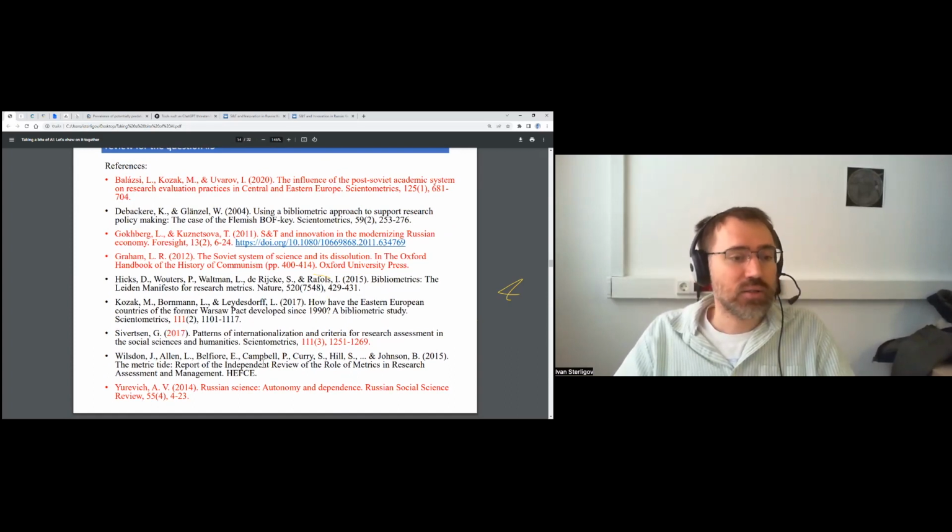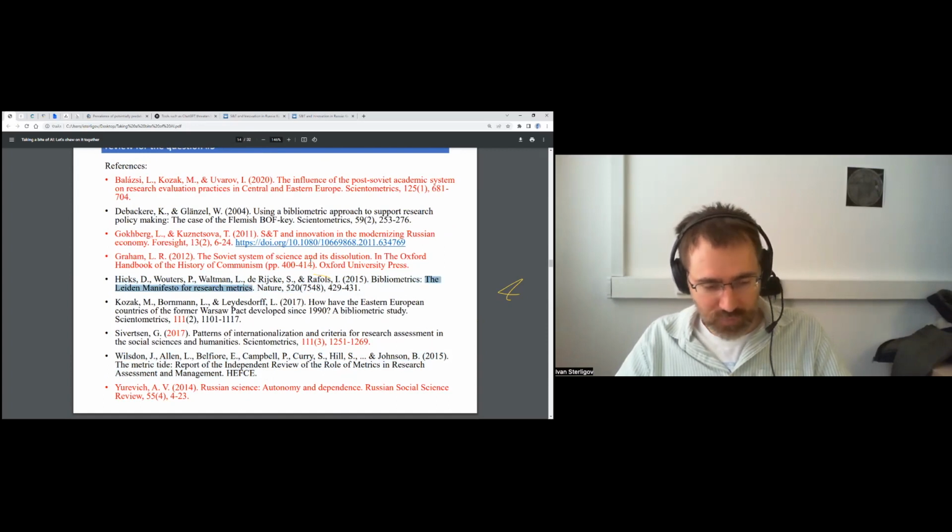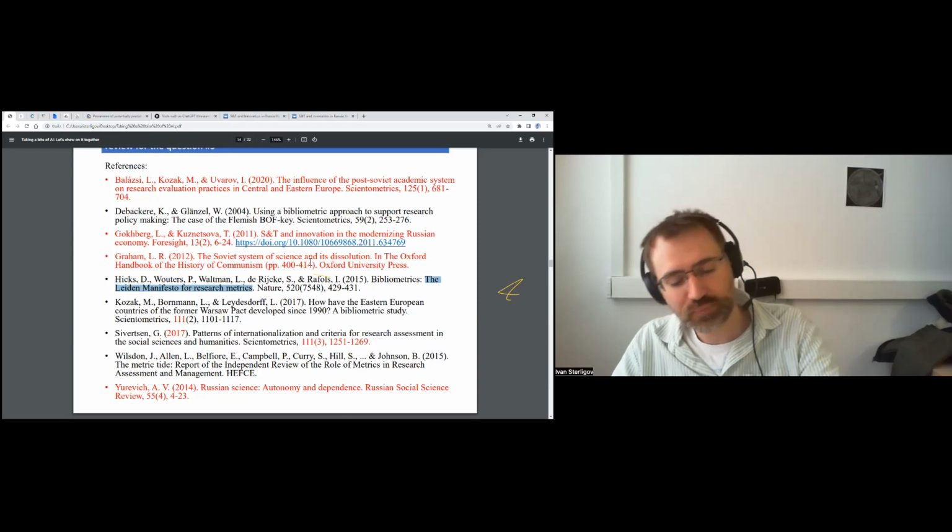But some papers are completely okay, and they are the, dare I say, better known ones and probably the higher cited ones. So this is the Leiden Manifesto, which is not an academic article, but still a very important text in science policy.